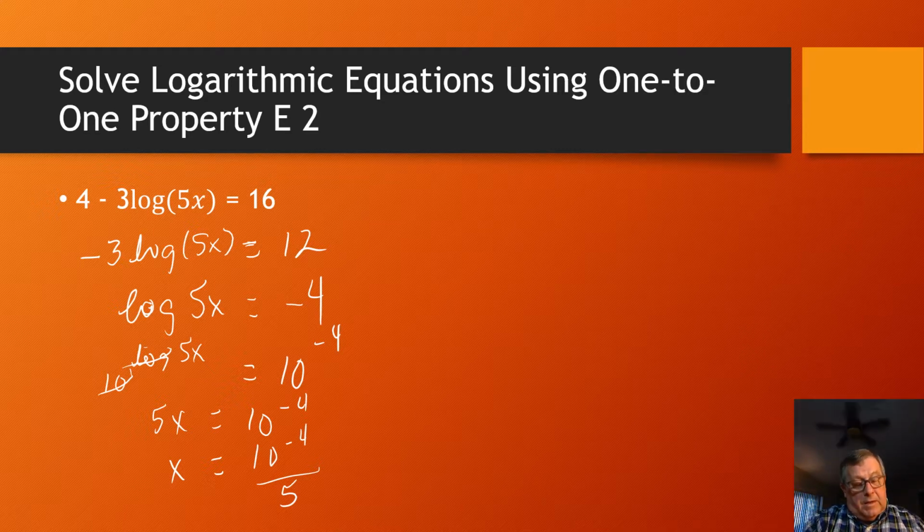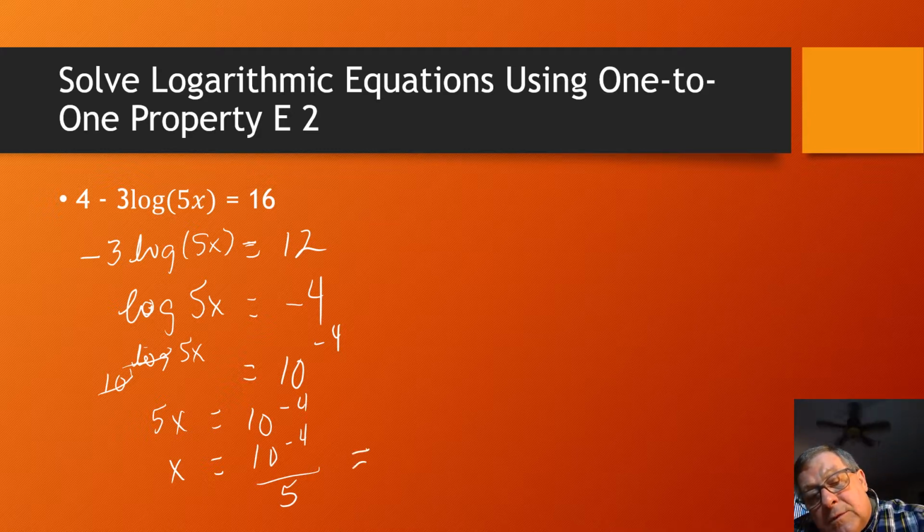Let's see what we've got here. Again, I'm going to hit second log, because that's going to give me 10 raised to a power, and I'm going to put in -4, being careful not to use the subtraction button, divided by 5. And I get 2 times e to the -5th power. Let's write that out.